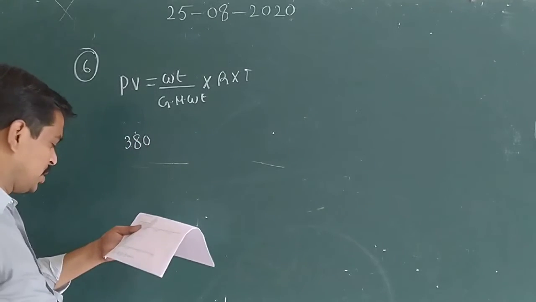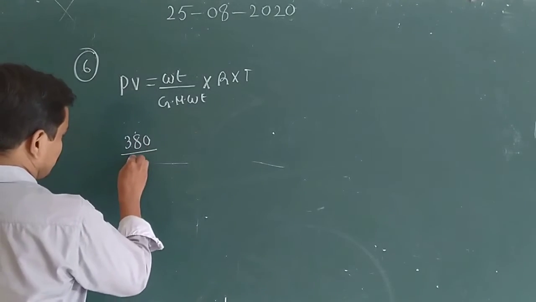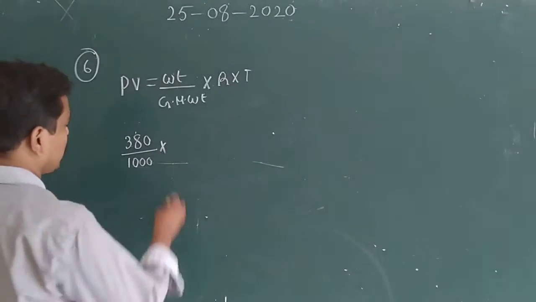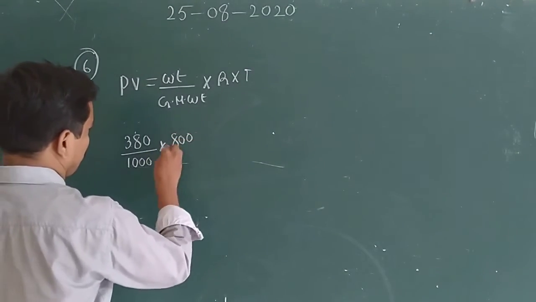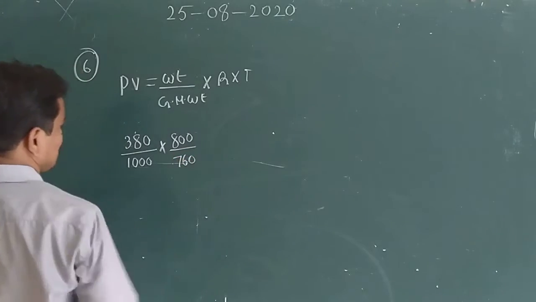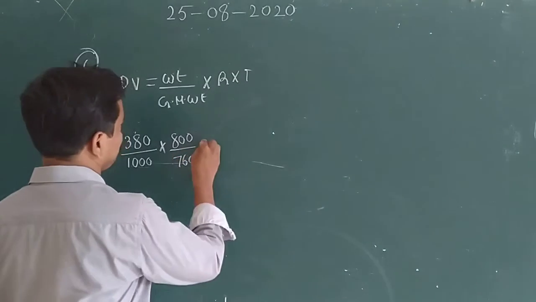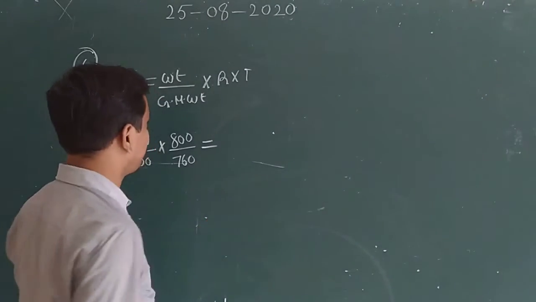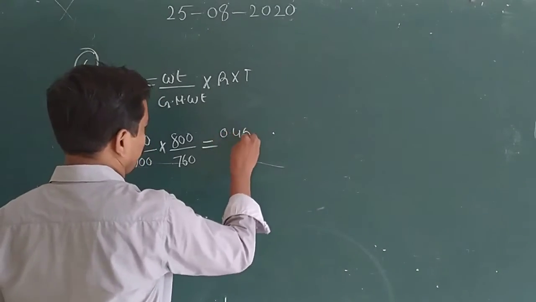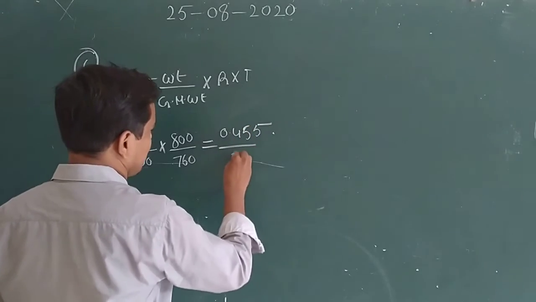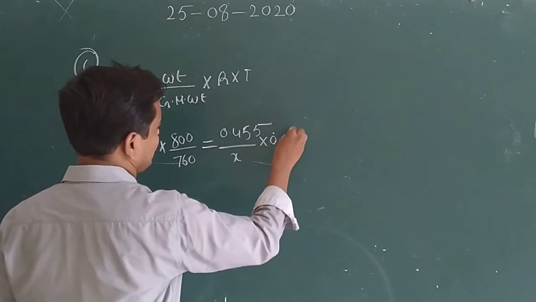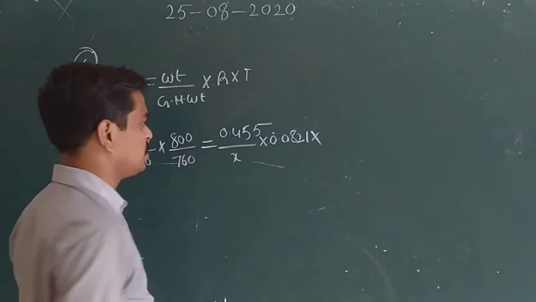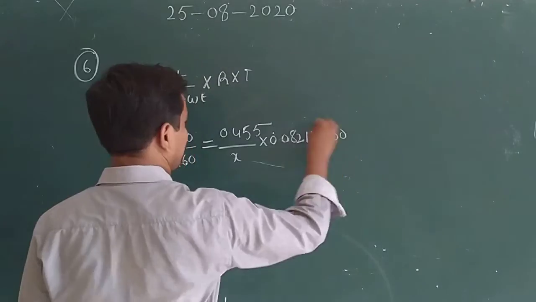Volume is 380 by 1000 liters, pressure is 800 by 760. So P into V. Weight is given as 0.455, and gram molecular weight X is unknown. R value 0.0821 into temperature, that is 300 Kelvin.